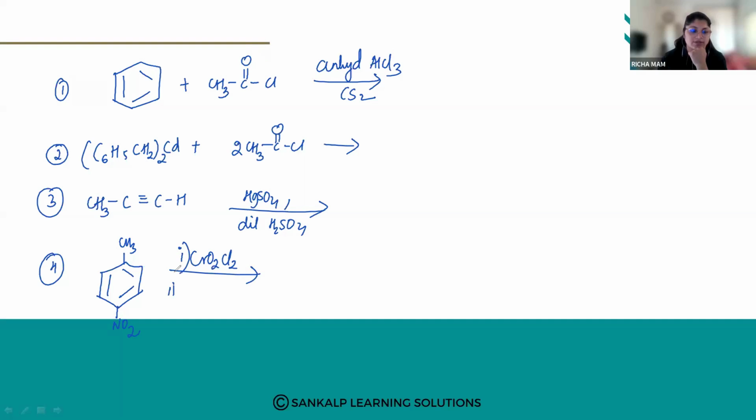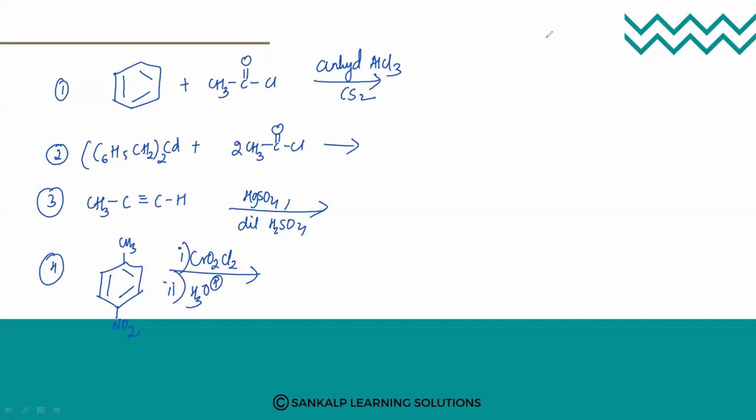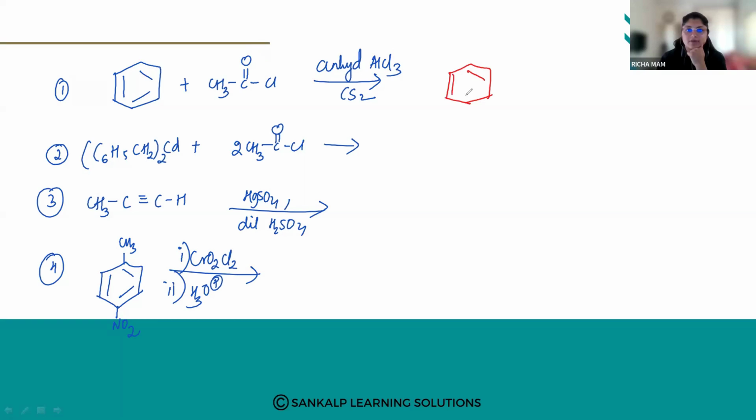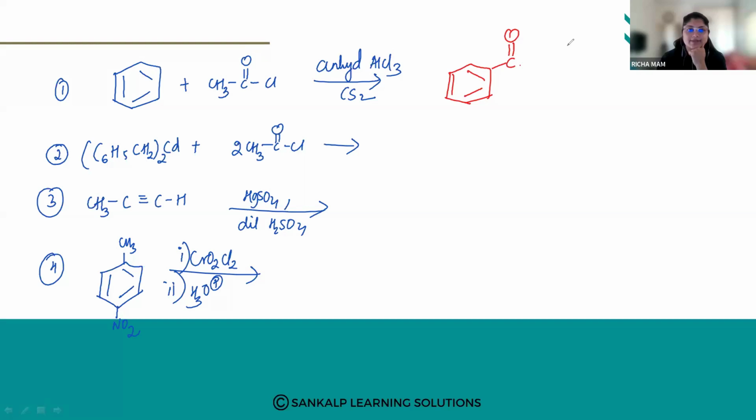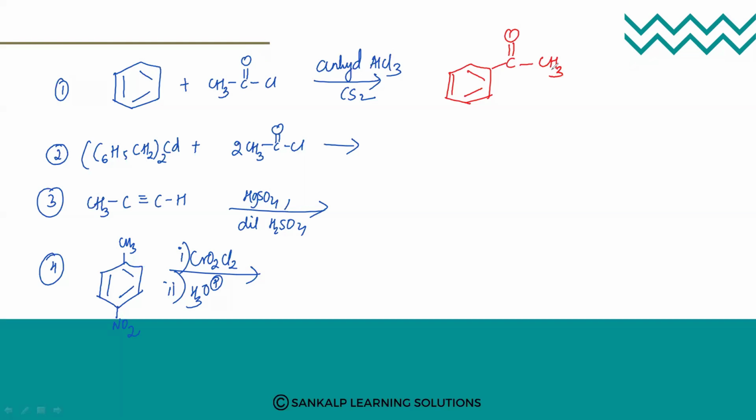Who wants to answer the first one? Okay, Rubna, you can tell. Benzene single bond C double bond O single bond CH3.